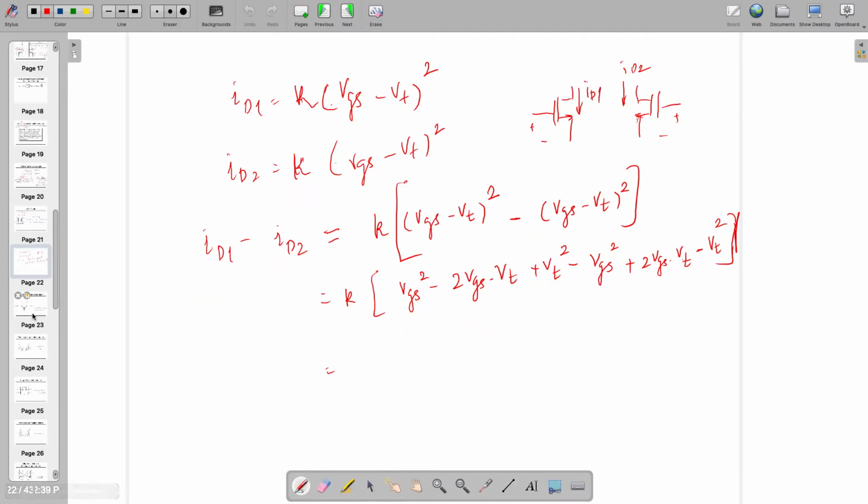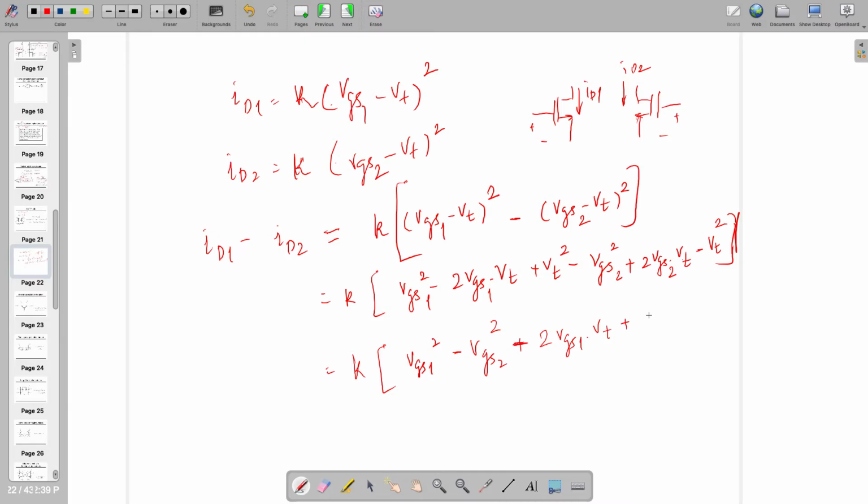If we are keeping VGS1 and VGS2, then this will work. VGS1, VGS2, right? VT are the same, right? So then we are going to have something like VGS1 squared minus VGS2 squared plus 2 VGS2 minus 2 VGS1 times VT.